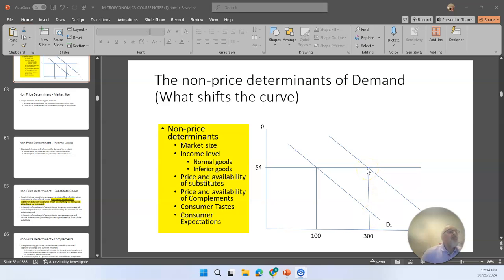Now, what could happen that causes the price to increase other than a shift in the demand curve itself? Well, we have two curves, so something has to happen in the supply curve. So let's think about there being a major shortage of coffee beans.